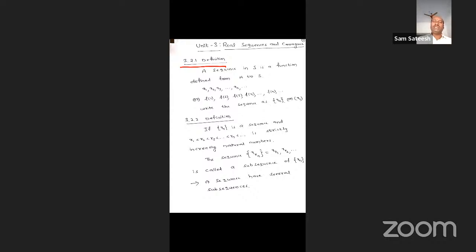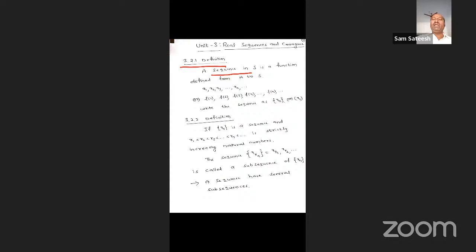One more definition is here. A sequence is denoted by capital S. Here the sequence is a function. We will see later how many types of sequences are given in example problems.